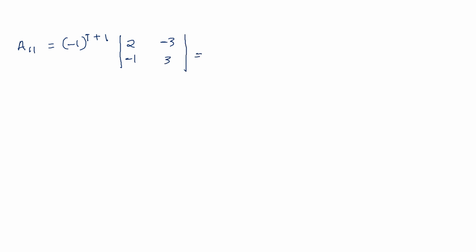Okay, so that is minus 1 to the power 2 into, so how will you find the value of the matrix? You know that this is 2 into 3 minus of this one. So first you have to do this, next you have to do this operation. Okay, so I'll write it here, 2 into 3 minus of minus 1 into minus 3.